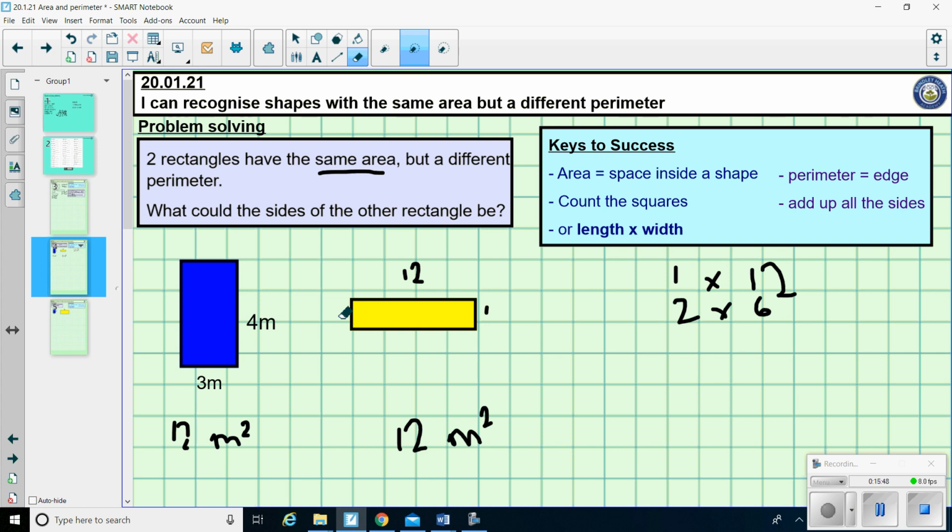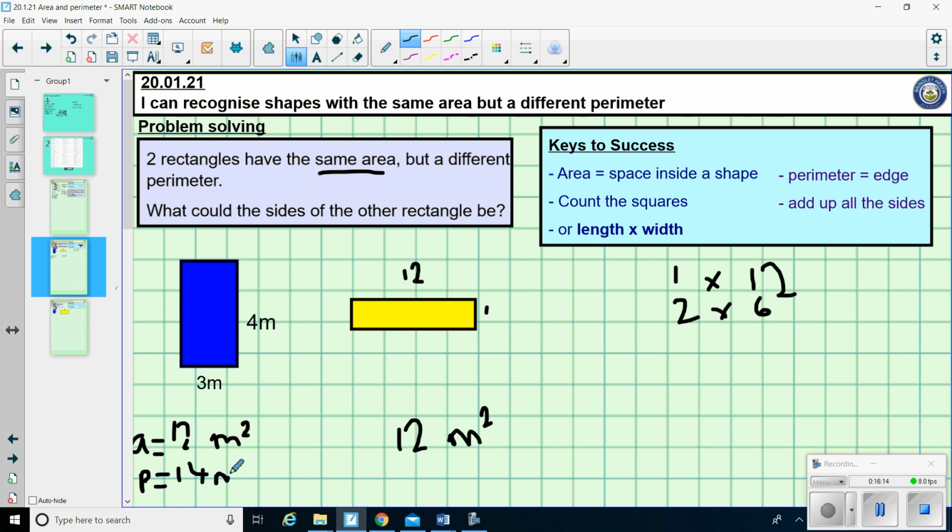26 metres. Now that is a different perimeter than this blue shape, which has got a perimeter of 4, add 4, which is 8, add 3, which is 14. So the blue shape has got a perimeter, let's write that down. Blue shape has got a perimeter of 14 metres.